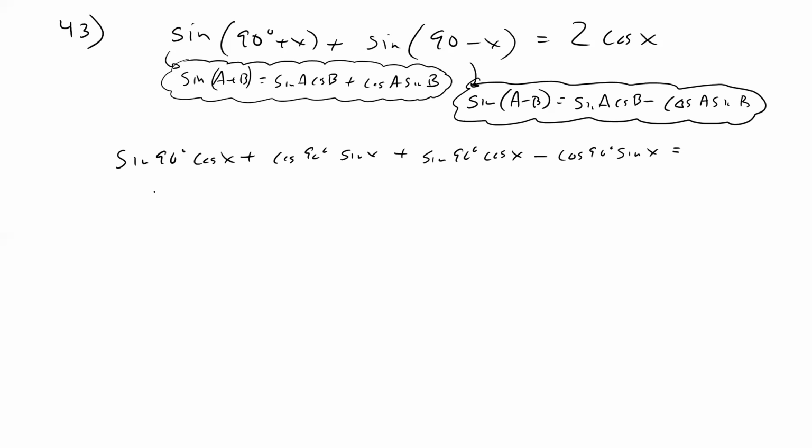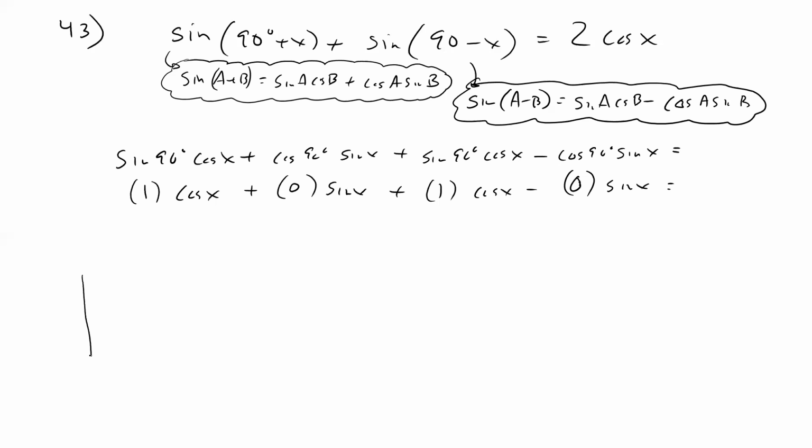Sine of 90 degrees, that's 1, correct? Yes. Cosine of 90 degrees would be 0. Isn't it the other way around? Sine is 1 and cosine is 0?